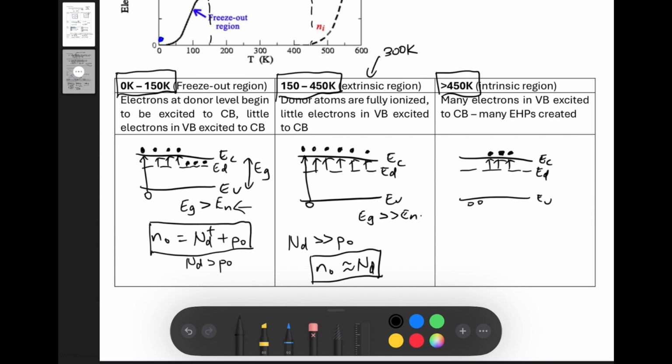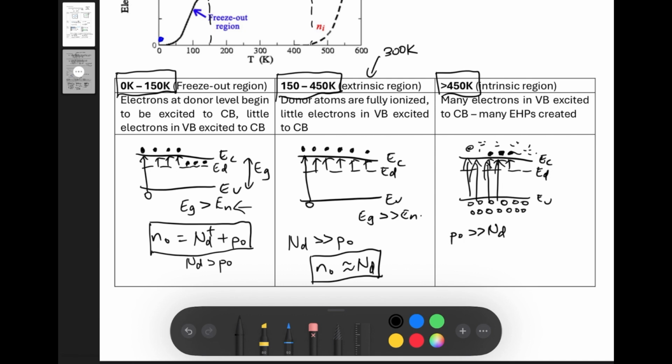So you can see we have many holes here, and many electrons here. Of course the number of electrons and holes is much larger than the number of dopant atoms. So P0 is much larger than ND.